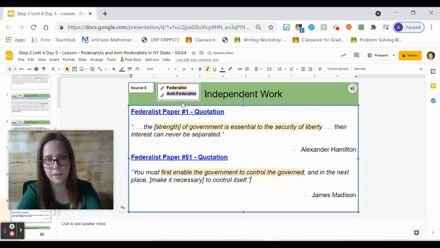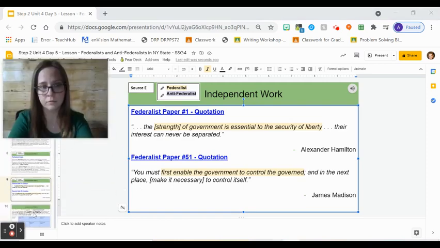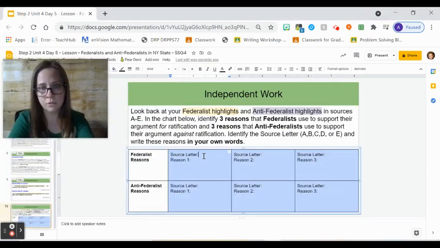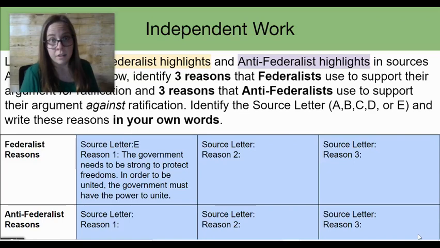So I'm going to take my info, and I have highlighted it, and now I'm going to go back to that last slide. And this was source E. So I'm going to put my source E. And my reason's going to be for Federalists, because Hamilton was a Federalist and he's in support of a strong central government.